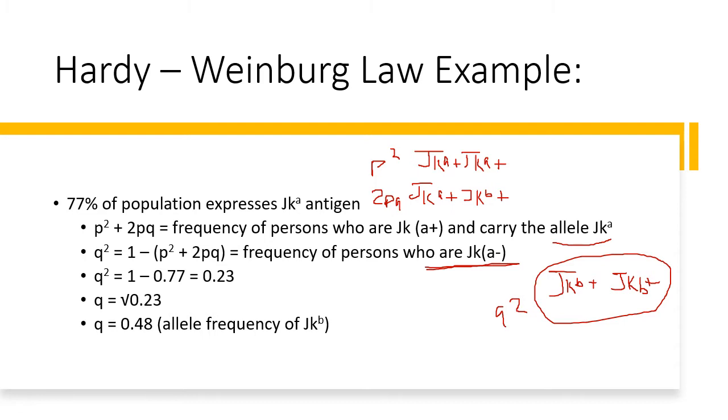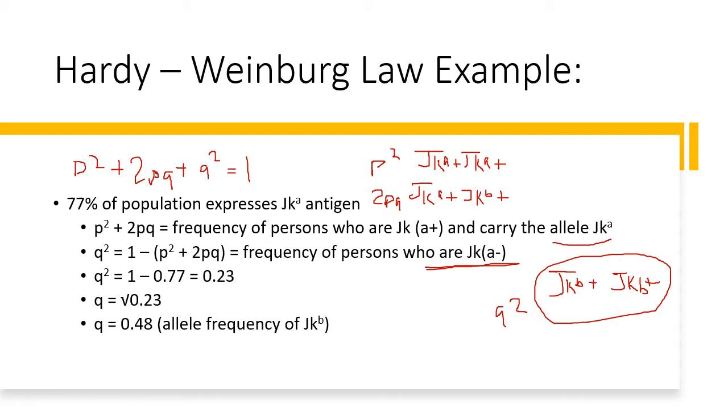Okay? So now the original equation was P squared plus 2PQ plus Q squared equals 1. If we use math, we have to move everything over to the right-hand side of the equation.